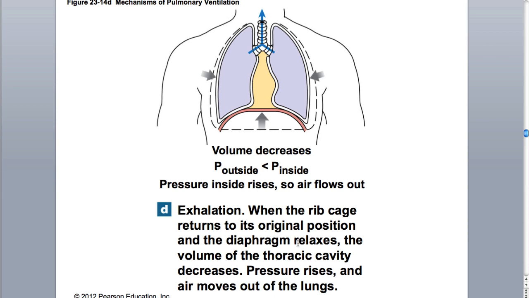Decrease the volume. And when you decrease the volume, you're going to increase the pressure. And now air will move out of the lungs. That's it. That's the magic of getting air in and out. And again, that is the application of Boyle's law.